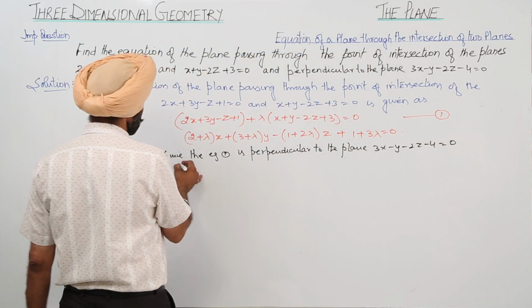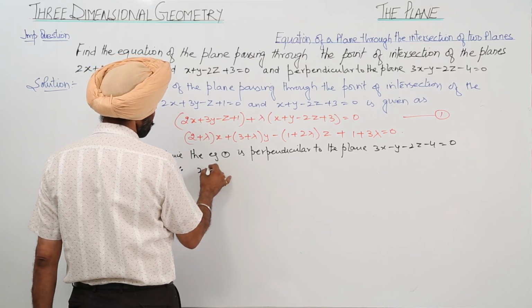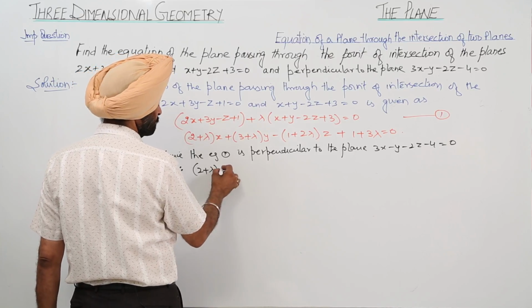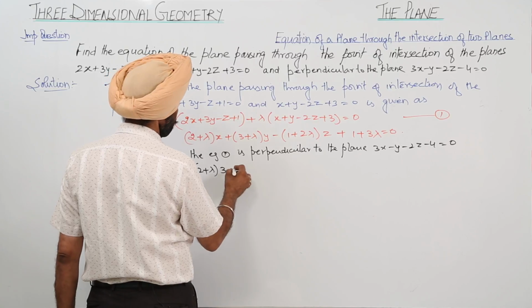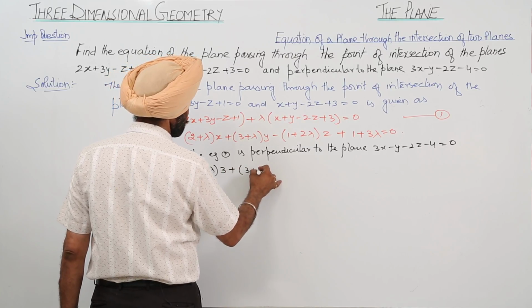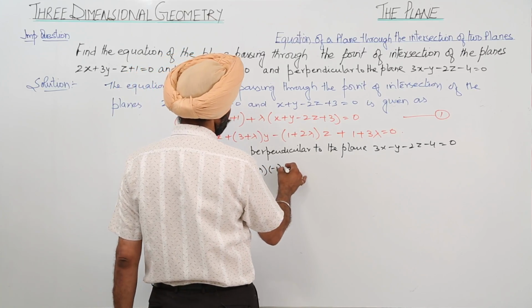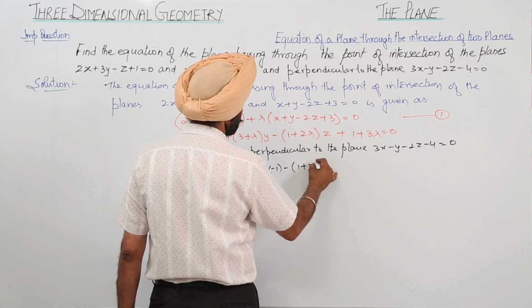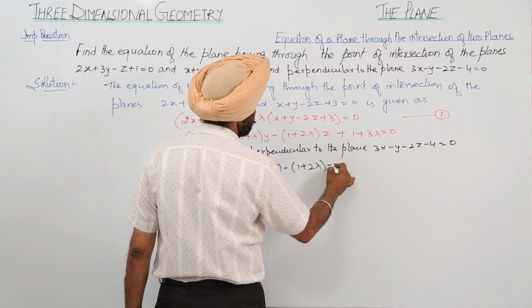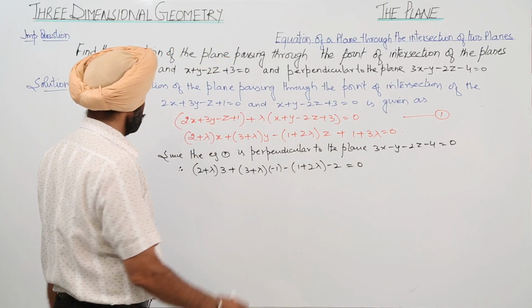Now, therefore, (2 plus lambda) times 3 plus (3 plus lambda) times minus 1 minus (1 plus 2 lambda) times minus 2 is equal to 0.